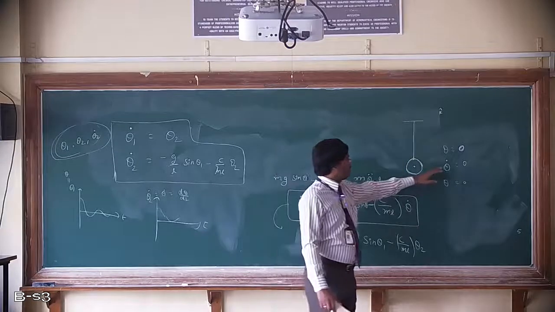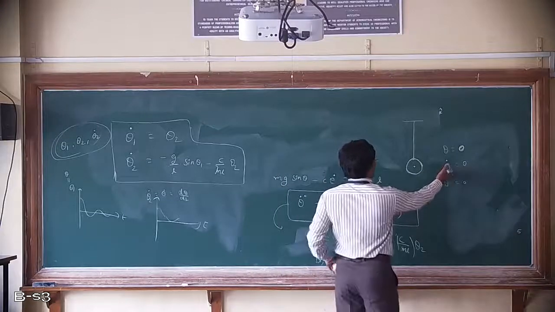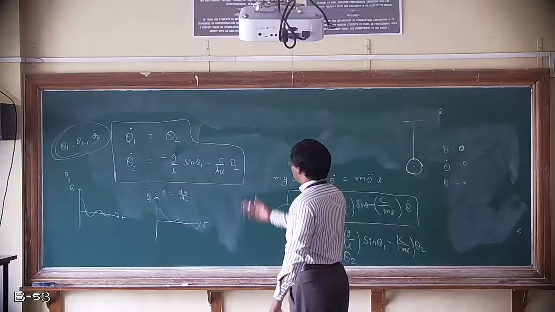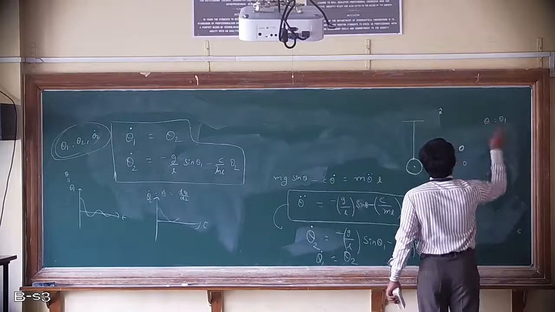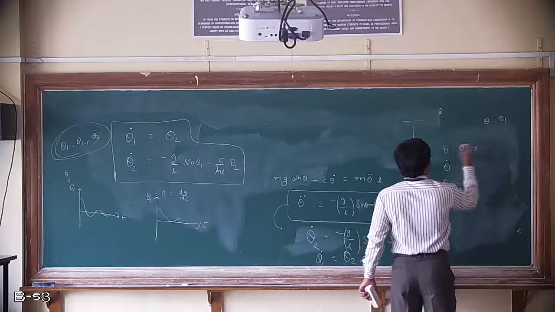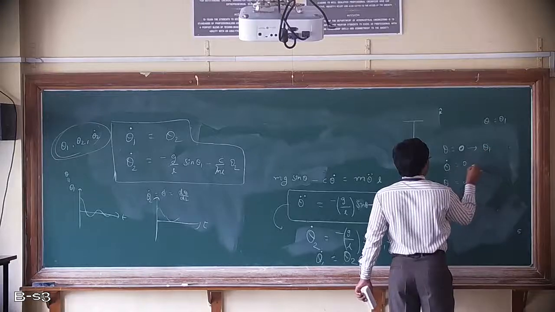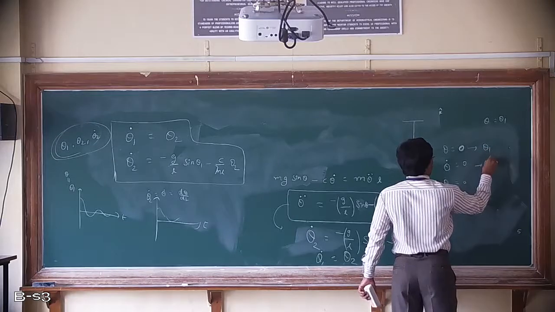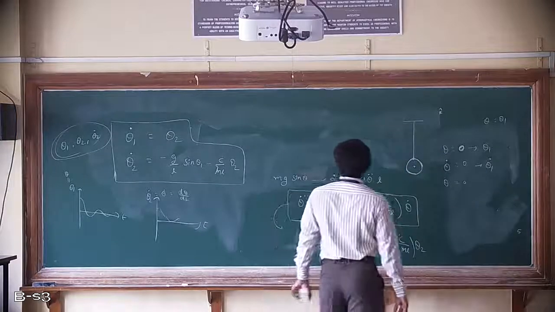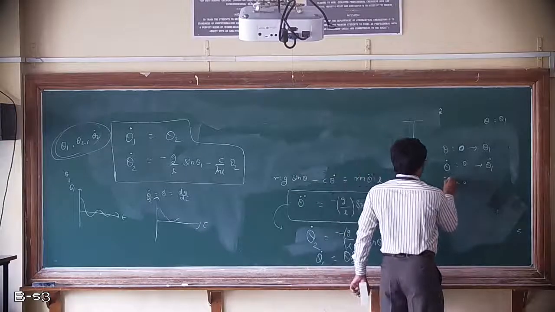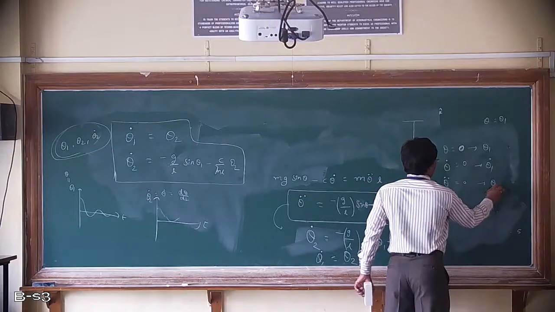So what does this mean? Theta dot: we already assumed theta is equal to theta 1, so you can replace theta 1. Here theta dot is nothing but theta 1 dot, right? What about theta double dot? You can replace theta double dot with theta 2 dot.